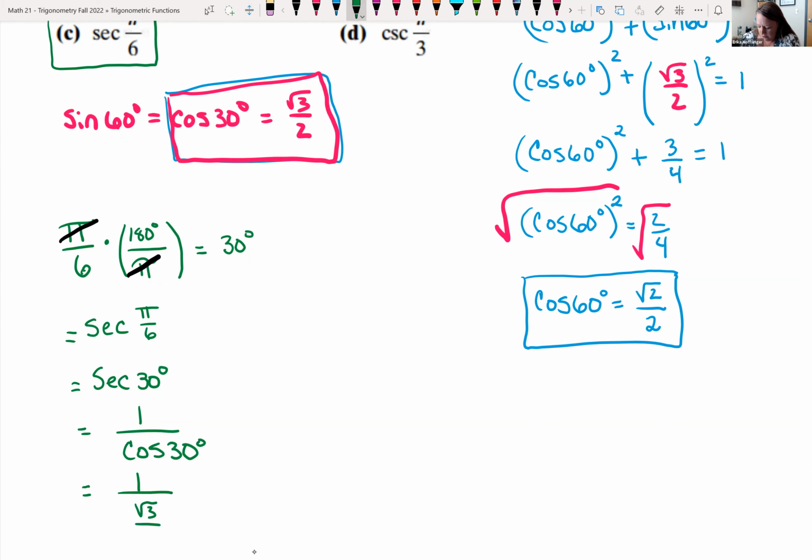So let's invert and multiply. So we get this is the same thing as 2 over root 3. And then rationalizing our denominator, multiplying by root 3 over root 3, we get 2 root 3 all over 3.